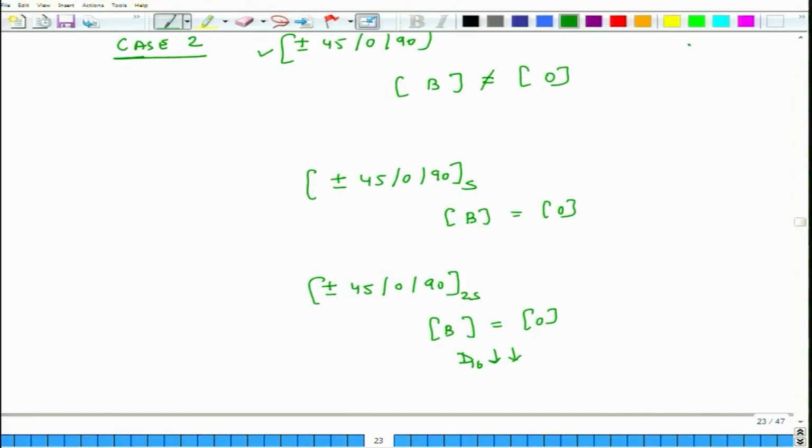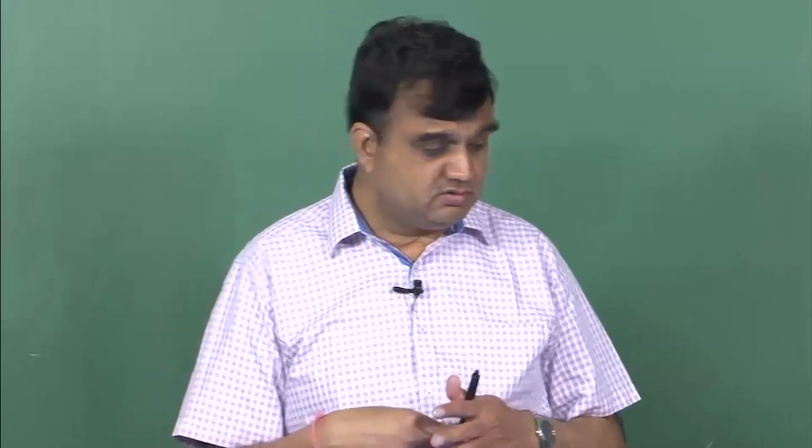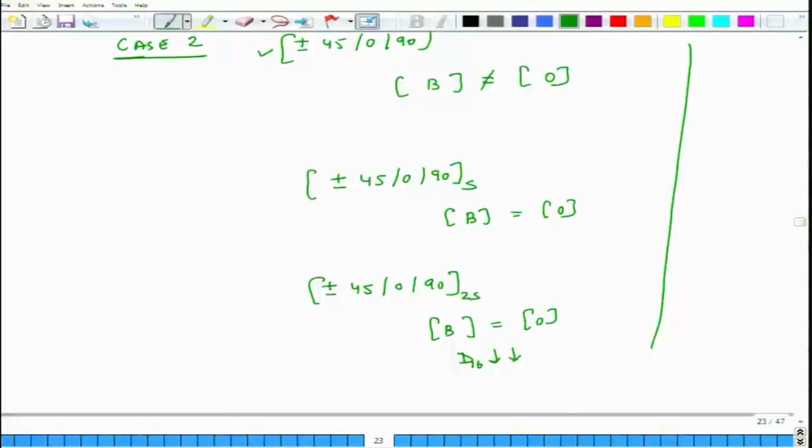Okay. So, this is how you achieve quasi-isotropy, but quasi-isotropy does not have to be symmetric, but if you have symmetry then B also becomes 0, which is an added advantage. So, this is what I wanted to discuss today in context of quasi-isotropy.